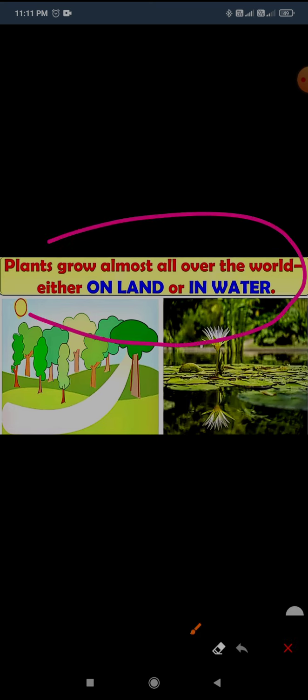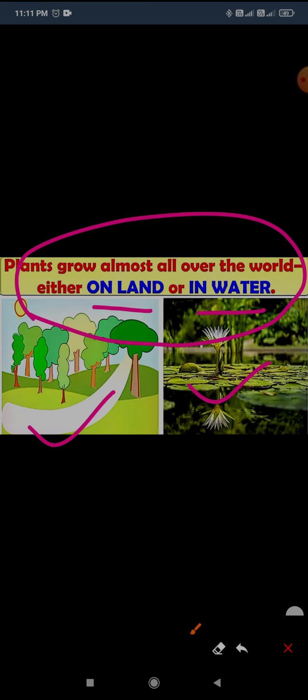So plants grow almost all over the world, either on land or in water. Here you can see plants grow on land, and here plants can grow in water also.